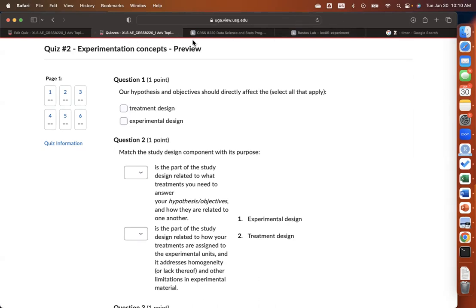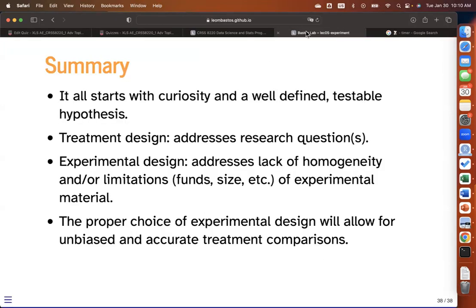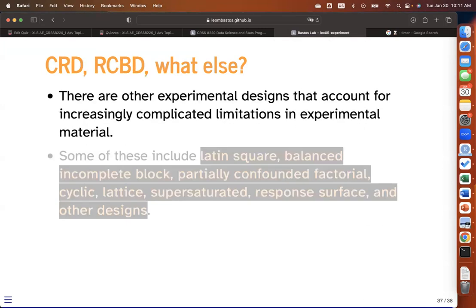All right, so let's go to our next topic here. Yes, quick question. Yeah. When you do the layout for experiments, it should be parallel to the effect. Yeah, so for Elisa's question, when you're doing an RCBD, let's just go back to that figure there.